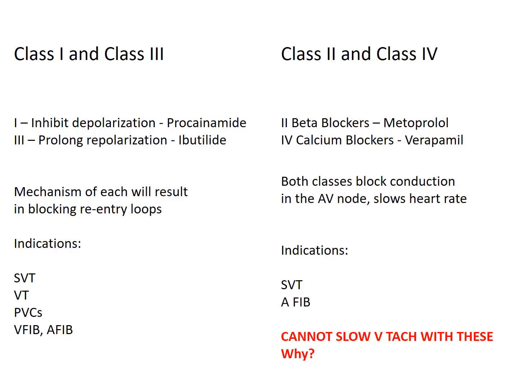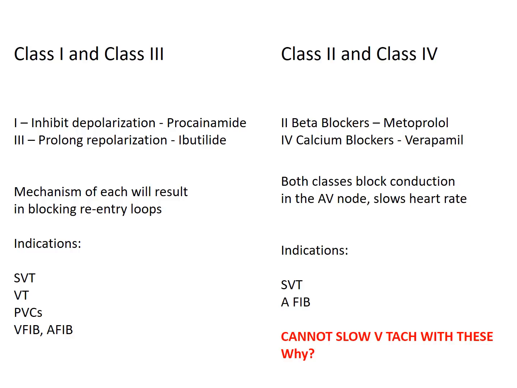And then Class 2 and Class 4 drugs are the ones that are going to slow heart rate. Beta blockers are Class 2. Example would be metoprolol. Calcium channel blockers, the Class 4 example would be verapamil. What these drugs are doing is they're blocking conduction in the AV node, so they are capable of slowing down heart rate.